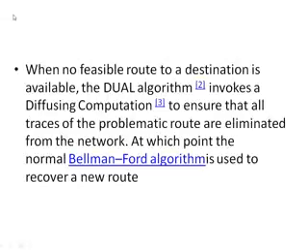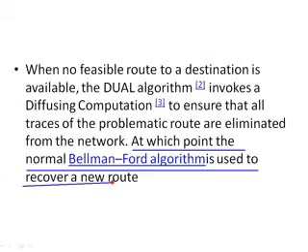So when there is no feasible route, meaning there is neither a successor nor a feasible successor to a destination, the DUAL algorithm invokes a diffusing computation to ensure that all traces of the problematic route are eliminated from the network, at which point the normal Bellman-Ford algorithm is used to recover a new route.